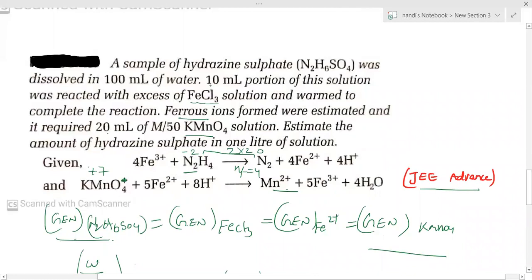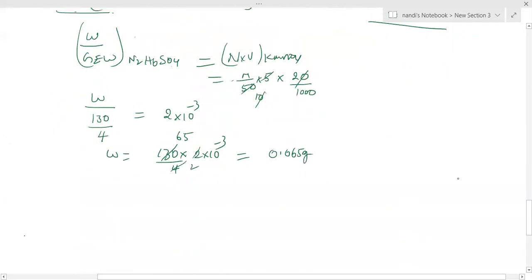But how many ml are they using? They are taking 10 ml. The 10 ml portion of the solution means out of 100 ml they are taking only 10 ml. But they are asking weight in 1 liter of solution. So I calculated the weight of hydrazine sulfate for 10 ml, then you can calculate for 1 liter. For 10 ml they contain 0.065 grams.